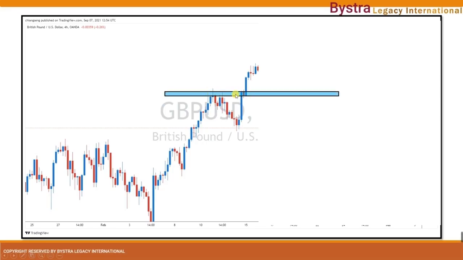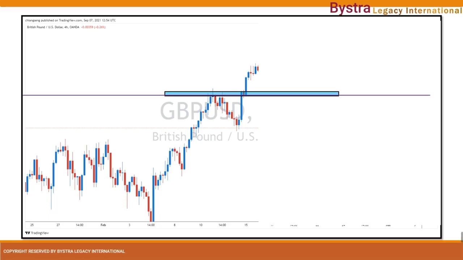We mark the zone of our entry point, which is the body base of the rally base rally. Then we mark the horizontal line at the top of the body of the resistance. Now, how do you know that this will be a capital letter A? The only way to know is to move this chart to the line chart.